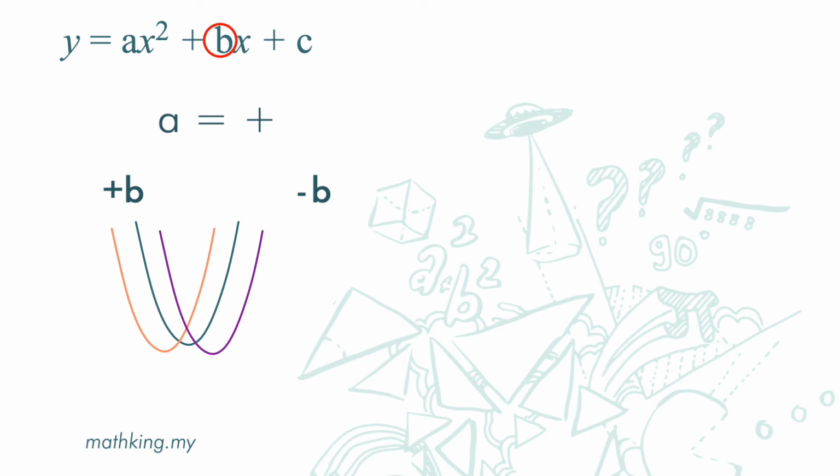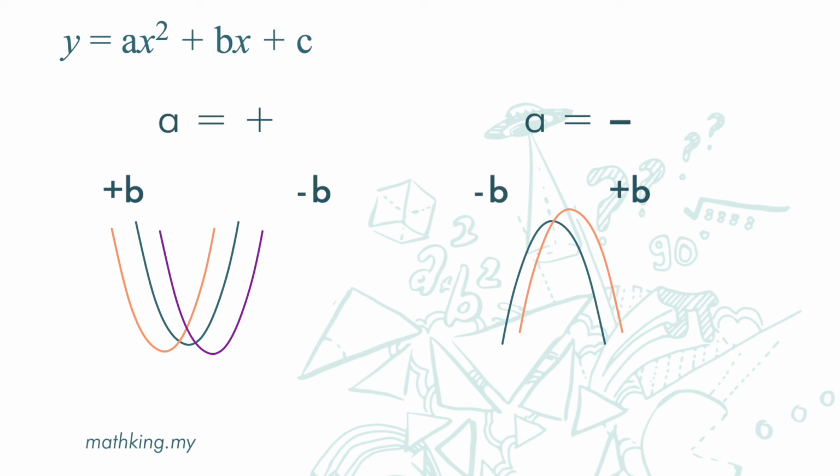You can check for yourself that for the case of a is negative, that is when the shape is like this, the effect of b is opposite. When b is positive, the graph is moved to the right. And when b is negative, the graph is moved to the left.